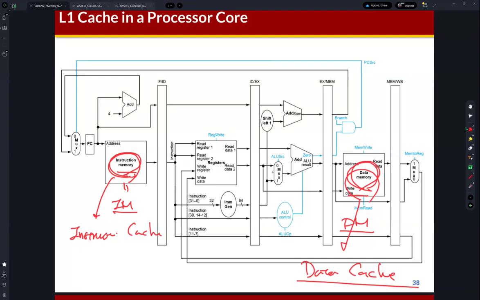These caches are level 1 caches: the L1 instruction cache and the L1 data cache. So in a processor architecture, instruction memory is the level 1 instruction cache, and data memory is the level 1 data cache, right?